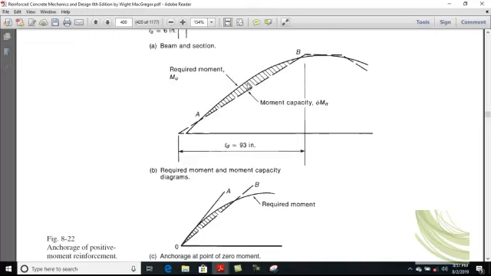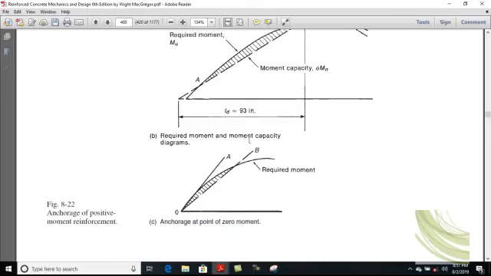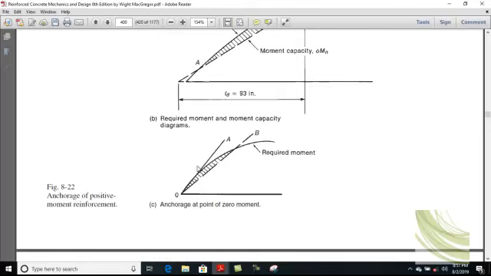So in this region, the actual moment will be more than your moment capacity. Okay, so you are not on the safe side.